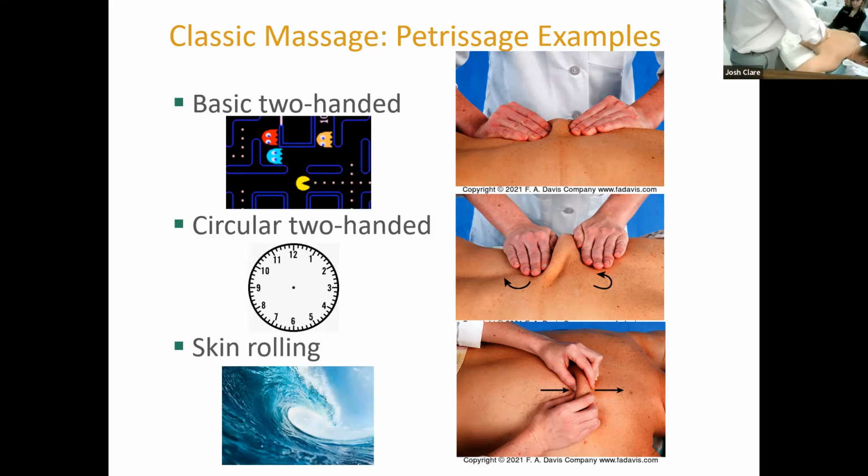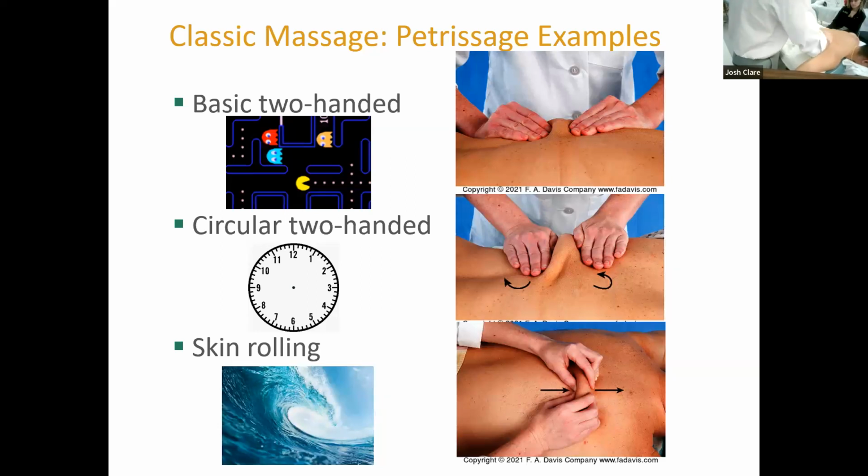We can travel with this. I think we've been fairly stationary with our techniques before, but now we get to start traveling with it. I could go more lateral, I could go medial, I could go cephalothoracic, I can move with that. And it's just going to be a nice rhythm, nice and slow.